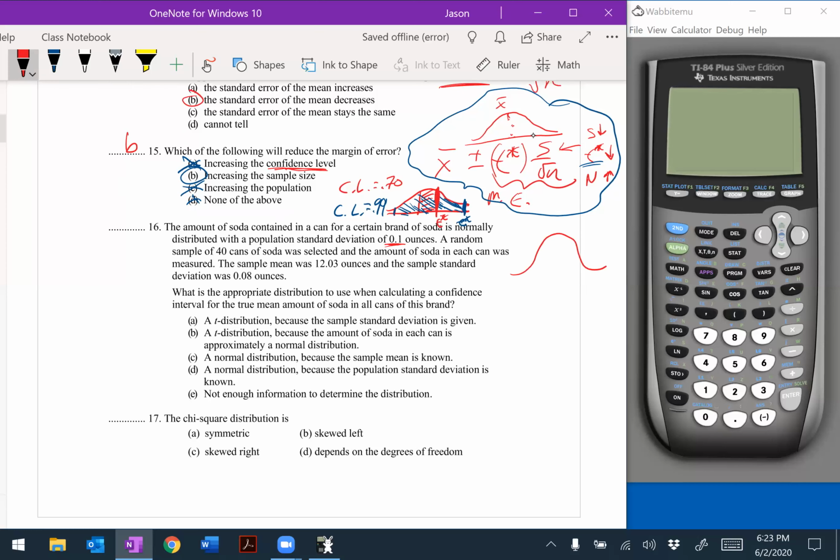A random sample of 40 cans was selected, and the amount of soda in each can was measured. The sample mean was 12.03, and the sample standard deviation was 0.08 ounces.